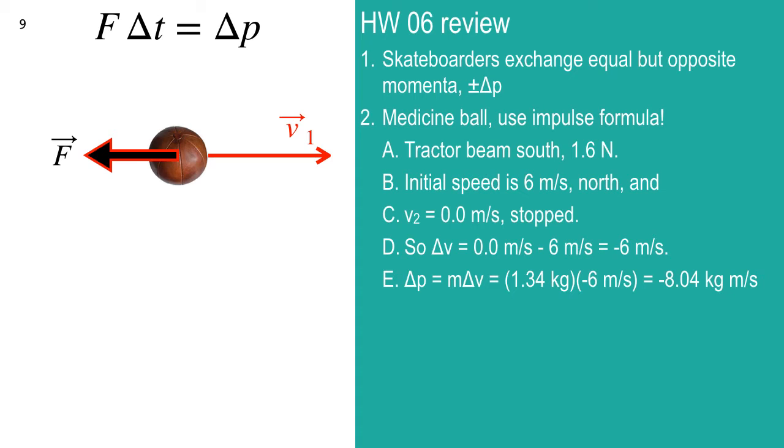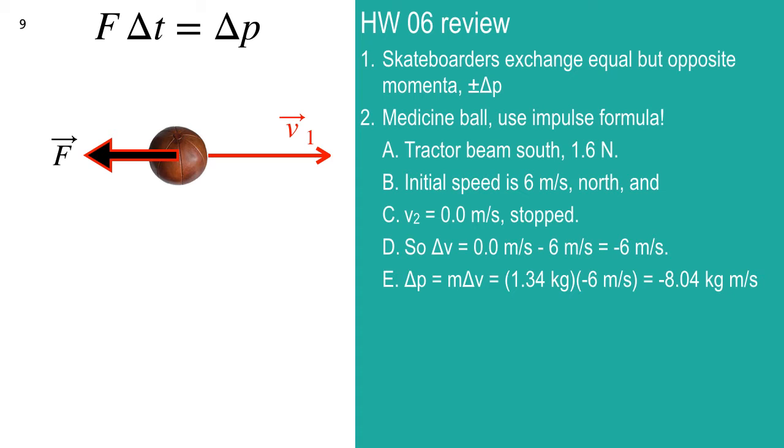Here's the mass, and here's my delta V, negative 6 meters per second. So my exchange with the spaceship by way of the tractor beam is the medicine ball acquires negative 8.04 kilogram meters per second. Anybody verify that, 8.04? Go ahead and double check me on that.